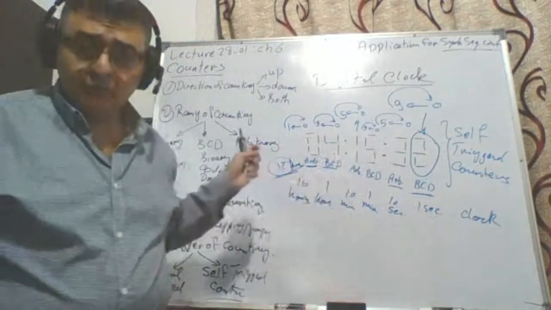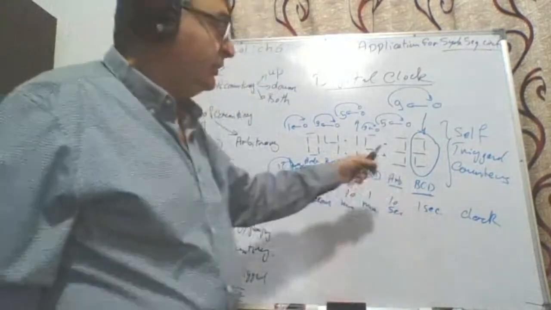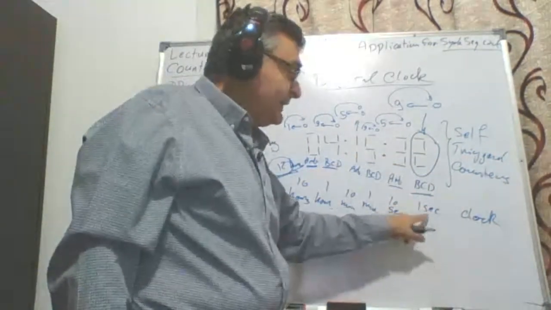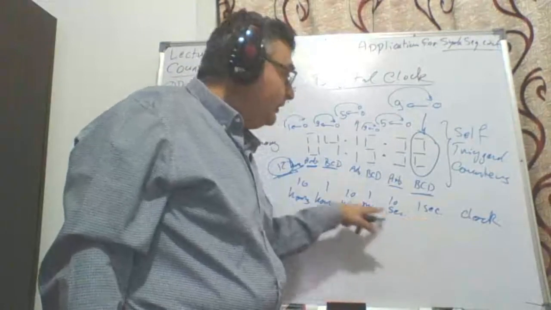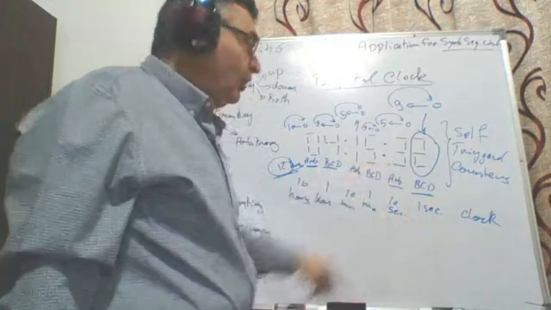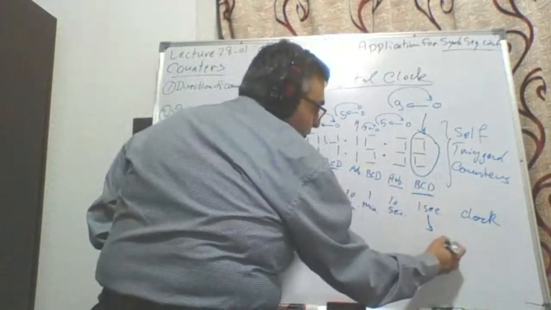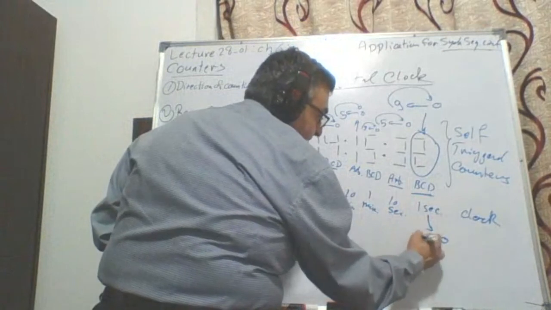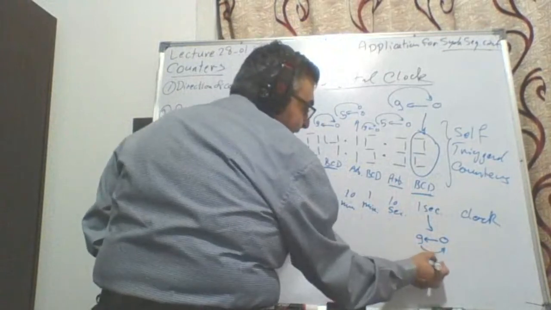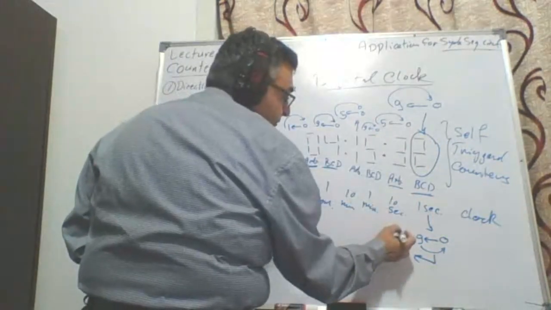Another design for the digital clock is to use only the self-triggered counter for the seconds and make the seconds drive the second digit of the seconds. So when this counter counts from 0 till 9 and goes from 9 to 0, it will send a trigger to this counter to count.